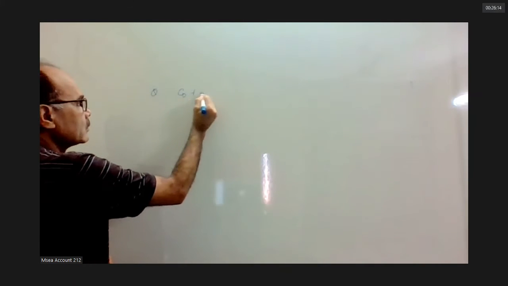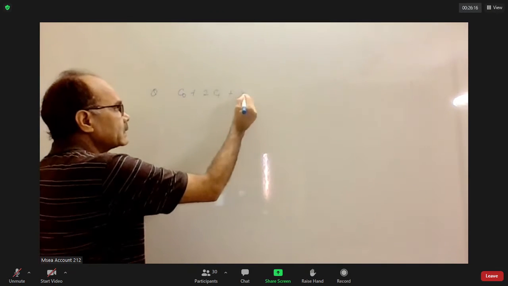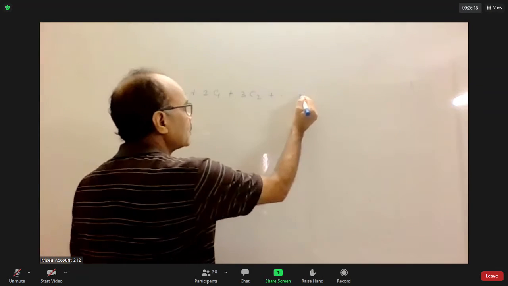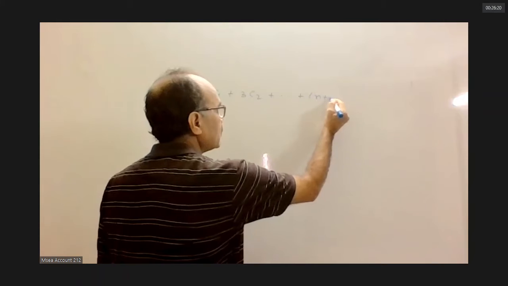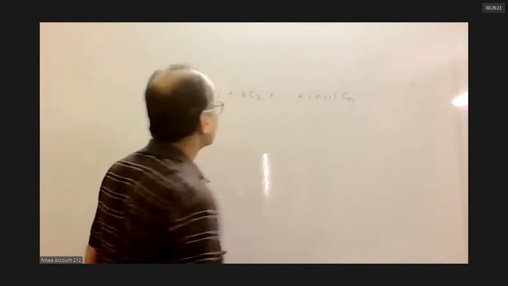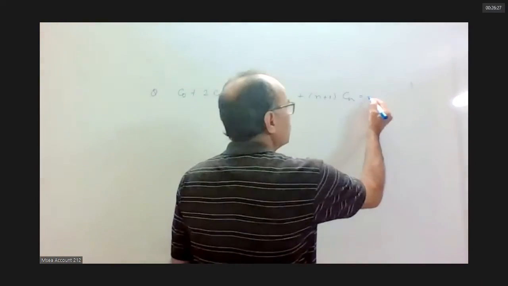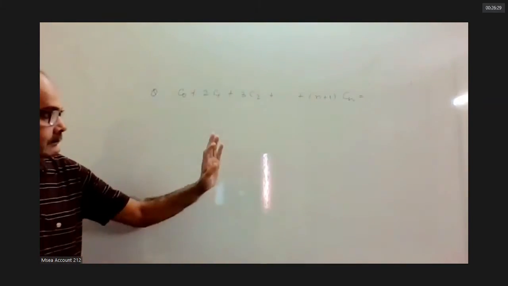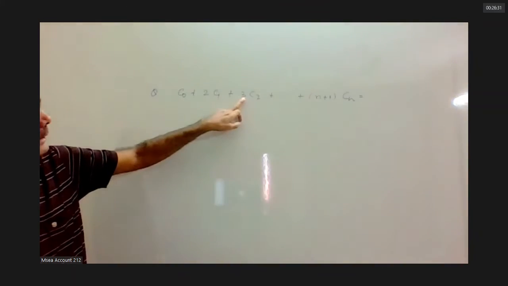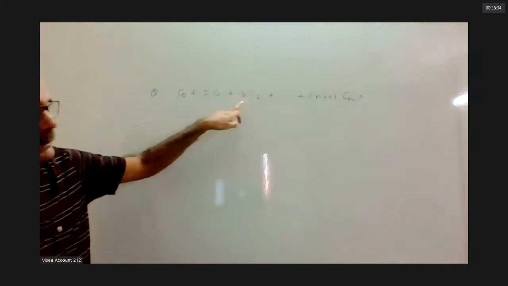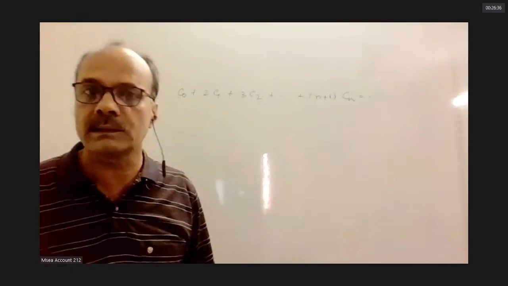Next: C0 plus twice C1 plus thrice C2 up to, find this value. It's 3 into nC2, meaning is that. See, one thing is here binomial coefficients are multiplied by some integer, so we have to differentiate the series.